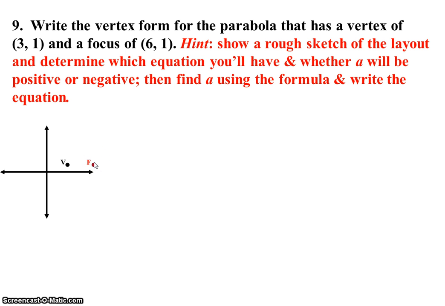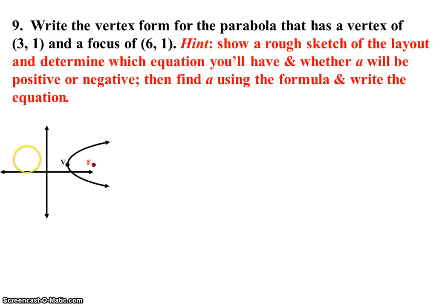So, what are you thinking now? Remember, the focus is always a point that's on the axis of symmetry. And the axis of symmetry, whatever direction it's going, left or right or up or down, is also an indication of what kind of parabola you've got. Looks to me like it's going to be horizontal, opening to the right. That's the only way you could get a focus point over there to the right of that vertex.